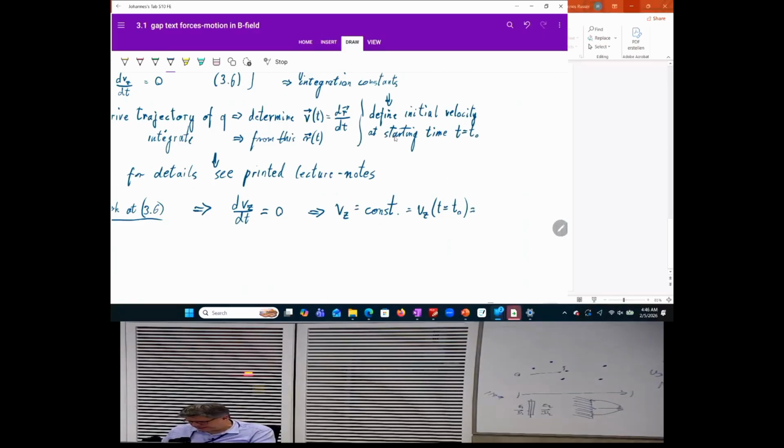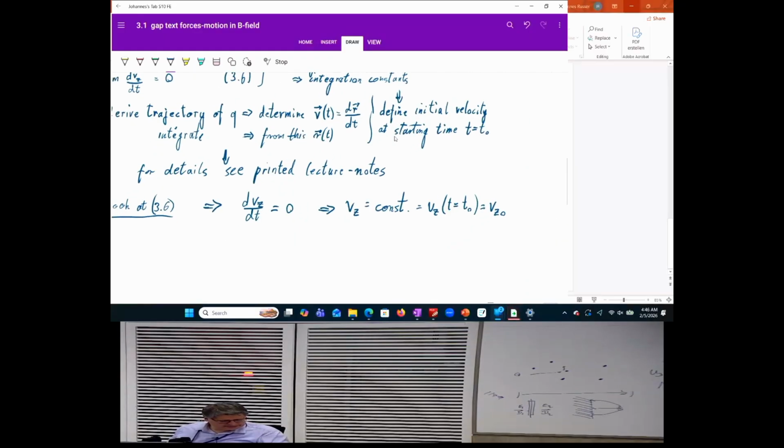It will be Vz0. And this we could also denote as parallel, in the sense that this Vz is the component of the velocity vector which is parallel to the B field, because the B field is oriented in z direction only.